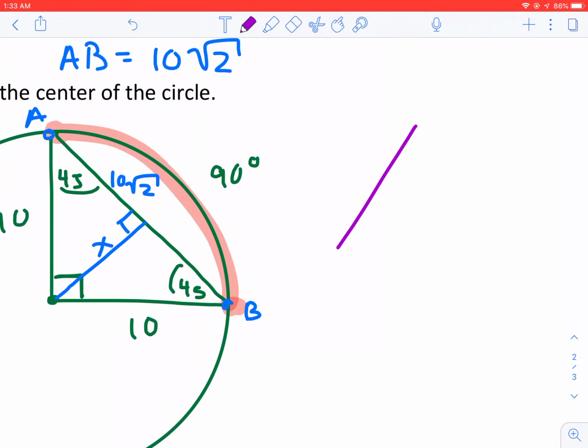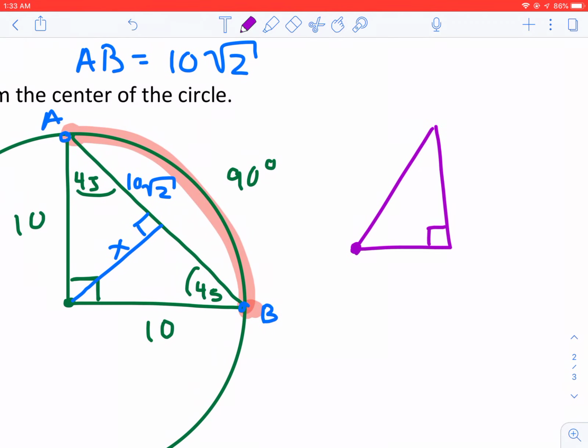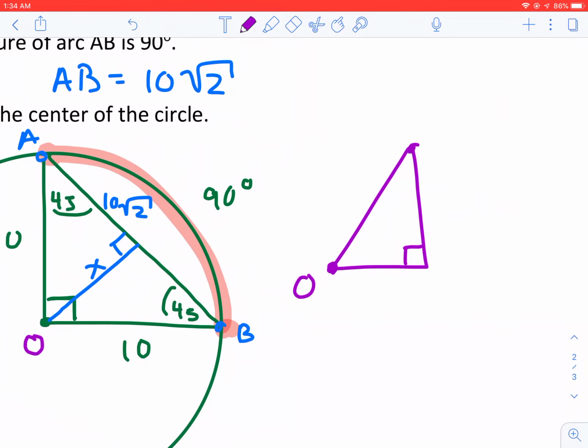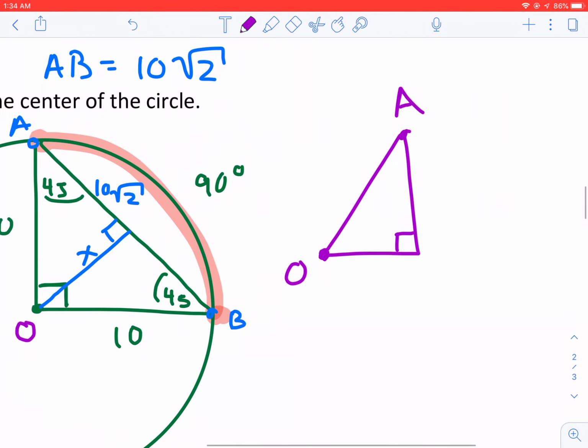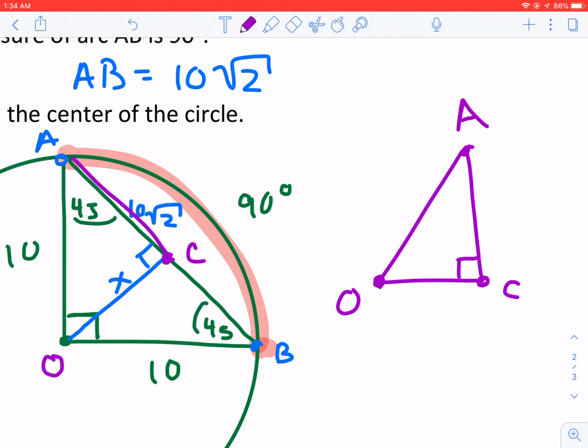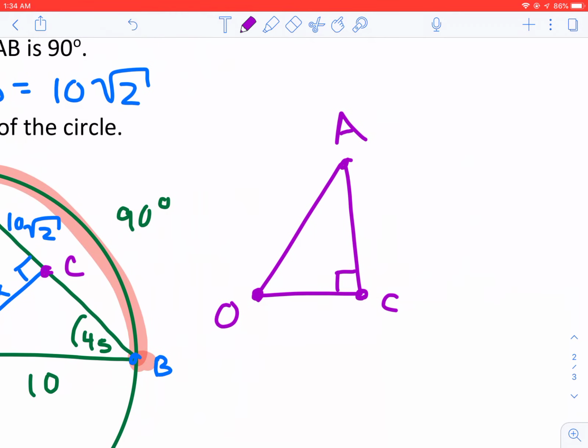So if I draw in one of those triangles for a right angle, here's the center. Let's call that center O. I'm drawing out this triangle with that being A, and this point being, I guess I'll call that C. In this triangle, this length AC is going to be half of 10 radical 2, so that'll be 5 radical 2.